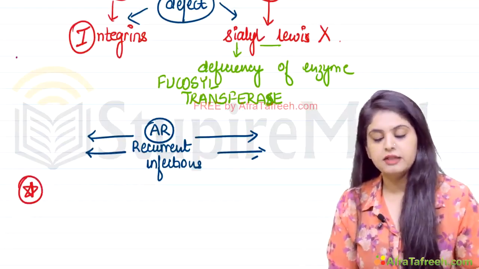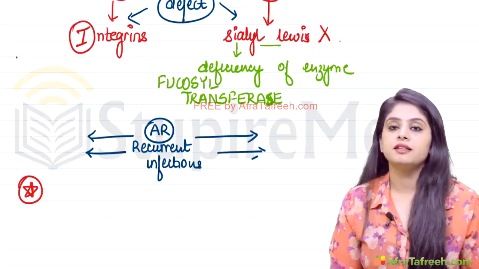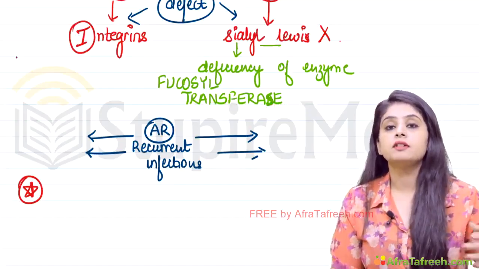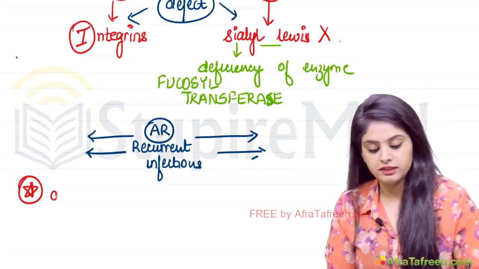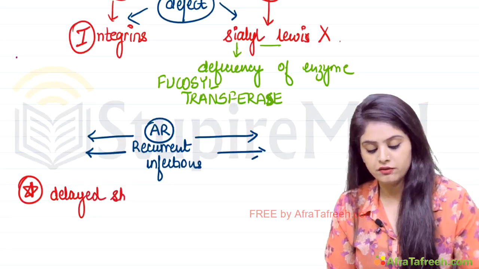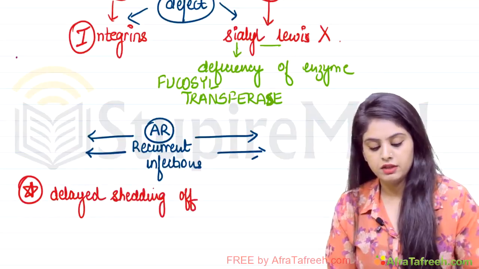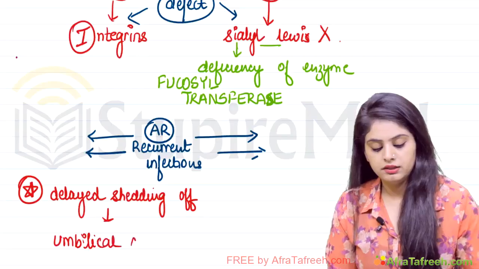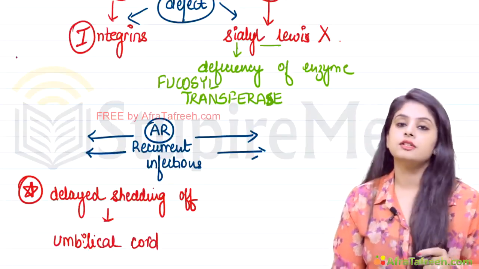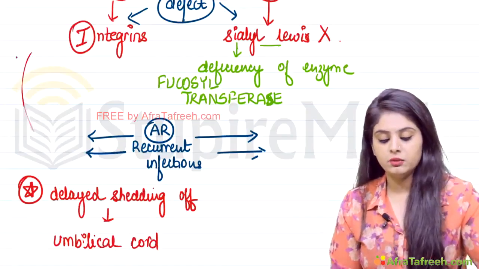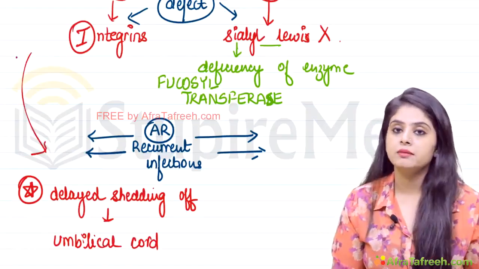If the clinical history says that the mother said that the umbilical cord had shed off after a very long time, or the mother gives a history of delayed shedding of the umbilical cord, this is a characteristic history that you get for LAD1. Remember, when they tell you this, you're dealing with LAD1.